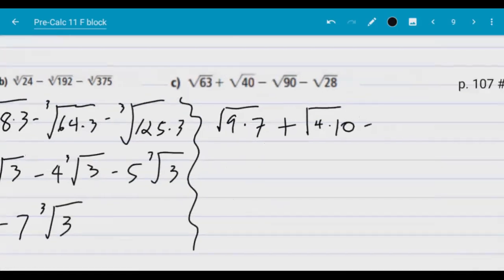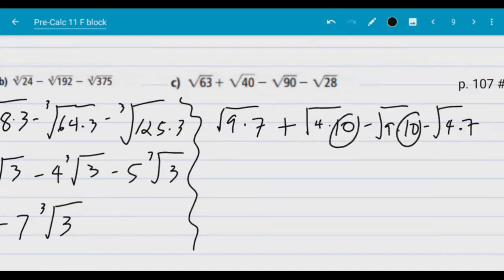While 90 has 9 and 10. All right. While 28 would be 4 times 7. What do you notice? This one has a 7 and this one. Okay. This has a 10 and this one.